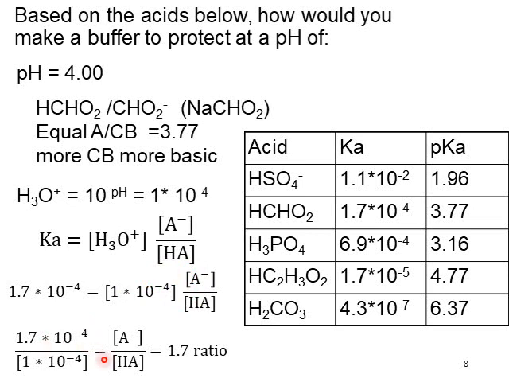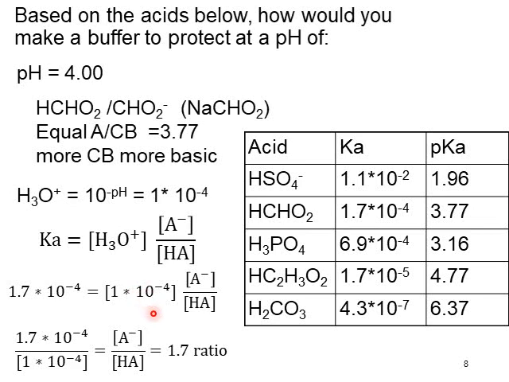So cross multiply, and I get 1.7. Okay, well, what does that mean? Well, I need 1.7 times more A minus than HA. So the easiest way to do that would be 1.7 molar A minus, 1 molar HA. That mixture would give me the exact H3O+ concentration I want and give me a pH of exactly 4.